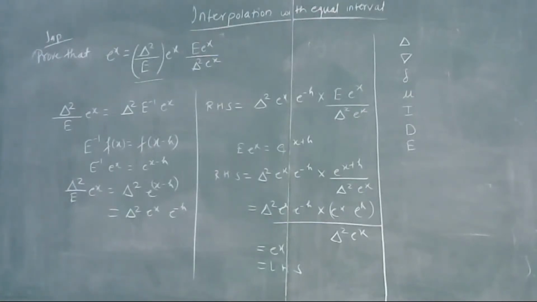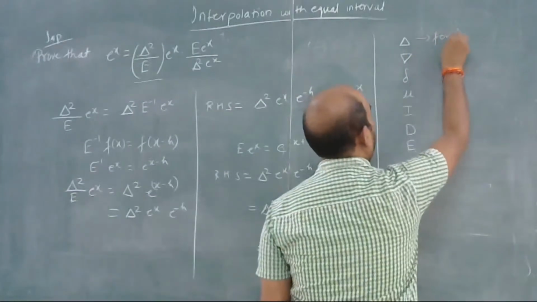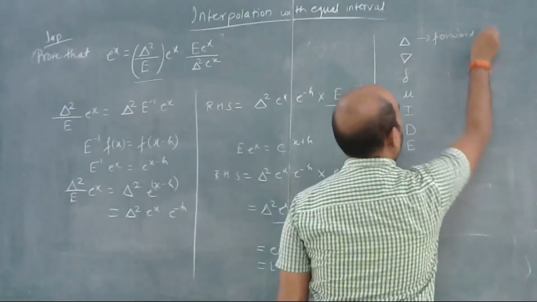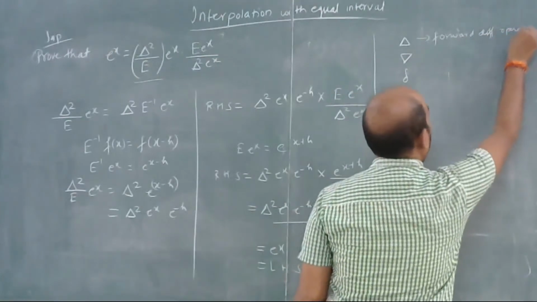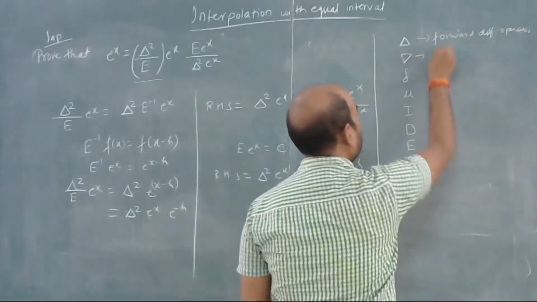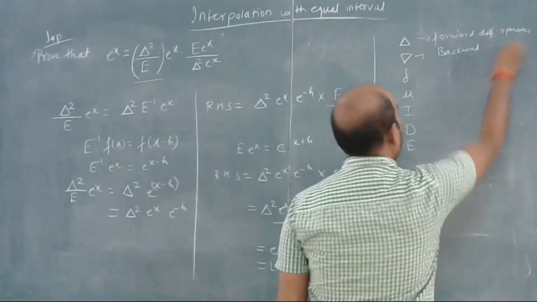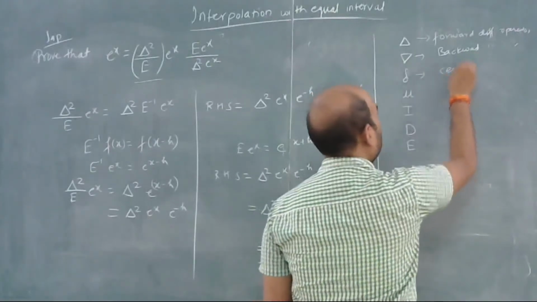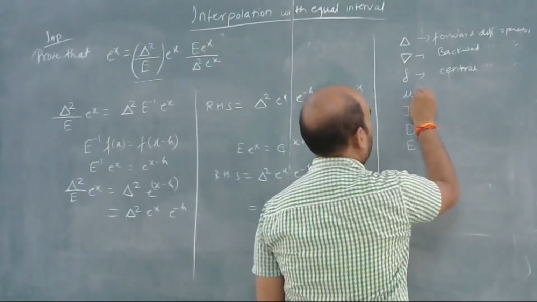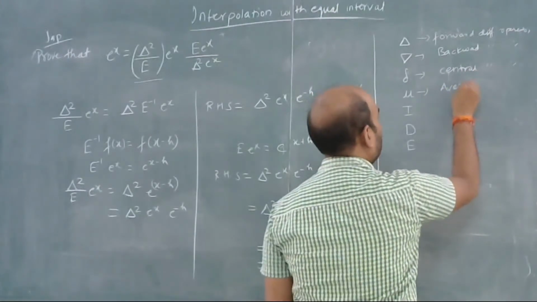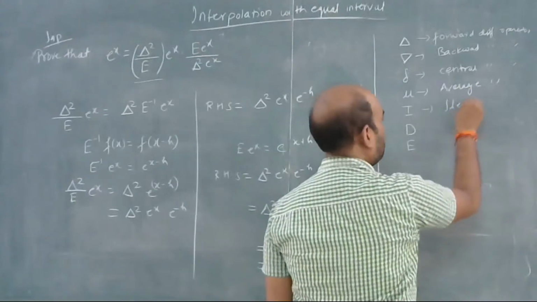This is your forward difference operator, this is backward difference operator, it is central difference operator, it is average operator, it is identity operator.